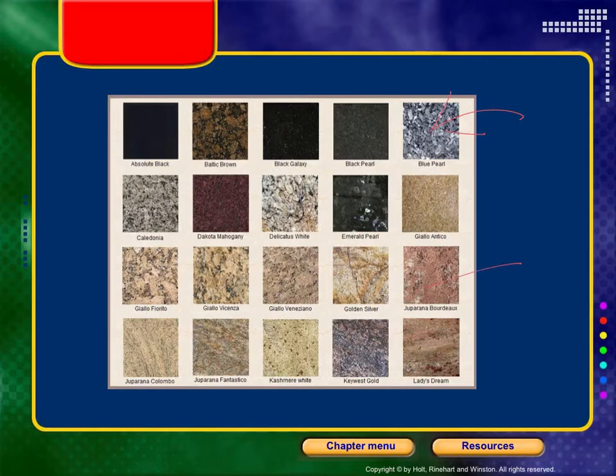This one here's probably got a little bit more of a red mineral there. You've got all kinds of different ones here. This one's called emerald pearl. So they're different ratios, different mixtures. Now, granite is still the main ingredient, but it's mixed with some other stuff here. So here's examples of how these are all different mixtures because of their different ratios of granite and other minerals to provide those cool colors.